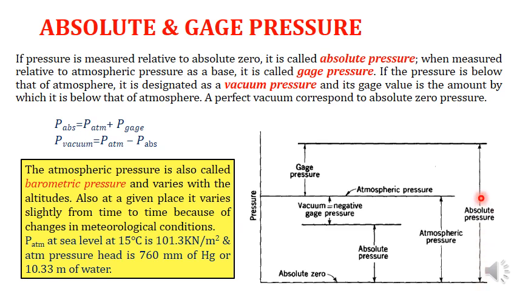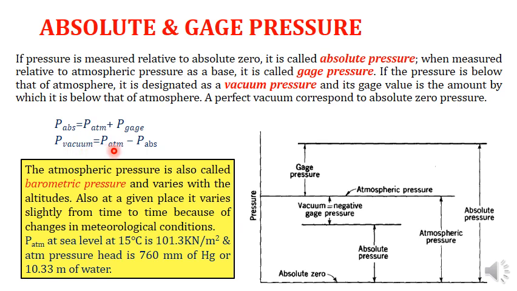Starting from absolute zero till the atmospheric pressure, it will be P atmospheric, the first term, and then from there to the top, where the fluid is under consideration, it is the gauge pressure for fluids in which the pressure is more than the atmospheric pressure.